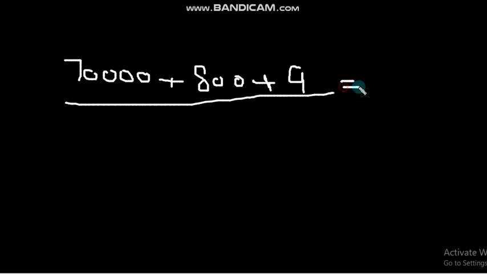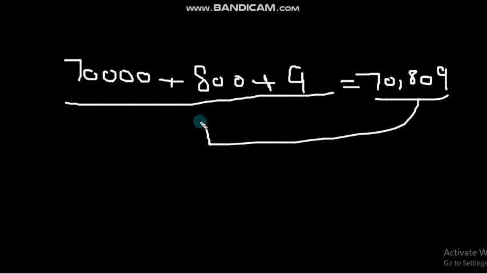Then we have a digit on 100, so we write 800 plus. Then we don't have a digit on 10, we have a digit on ones, so we write 9. If we add these numbers, the answer will be 70,809. That is the expanded form. We expand each digit with its place value: 7 with 70,000, 8 with 800, 9 with just 9.